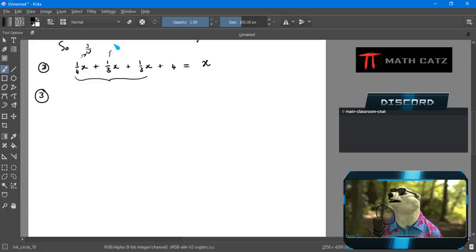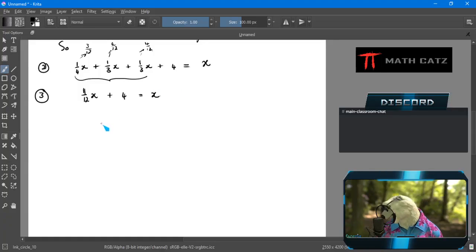And a third will be 4 over 12. Same for this one. So then when I put them together, how many x's do I really have? I have 11 over 12 times x, plus my 4 that didn't look like anything else, plus the right-hand side x that didn't look like anything else either.